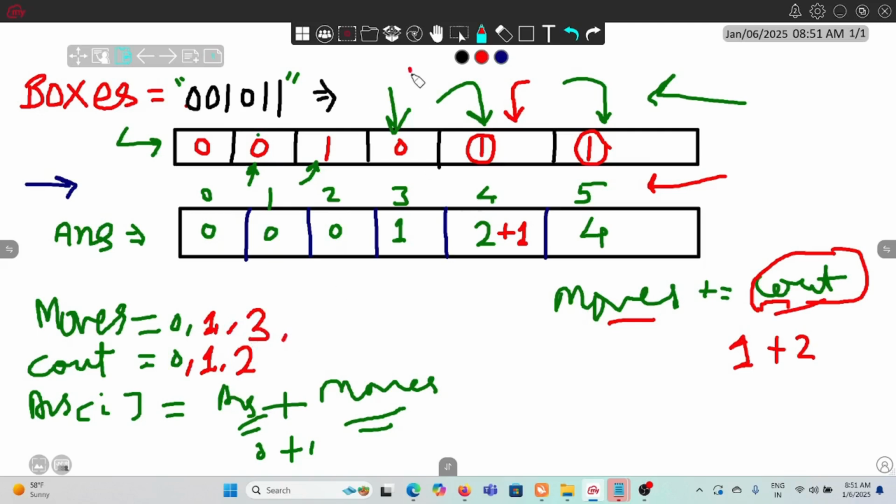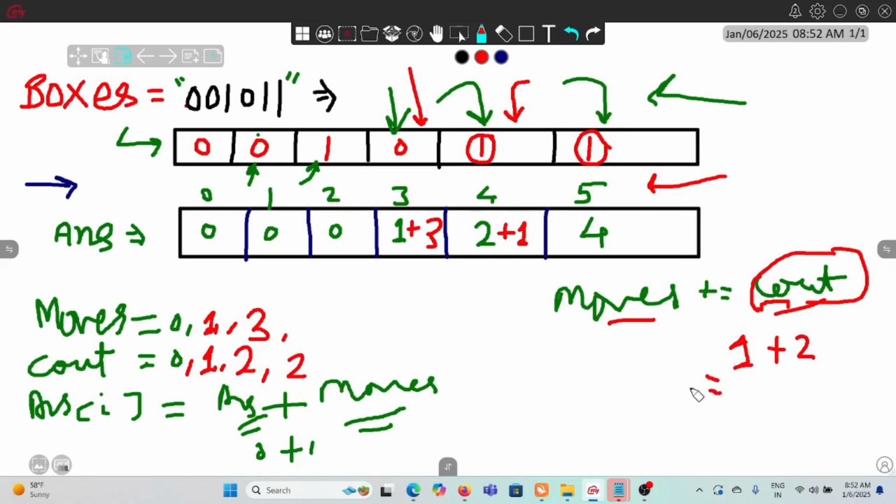Now we are coming to this guy. So at this guy, what would be the answer? Answer equal to answer plus moves. So answer 1 is already there, and we would be adding moves, so this would be 1 plus 3. Now because this guy is 0 only, the count would be unaffected, so it would be 2 only, and our moves, every time we would be increasing, right?